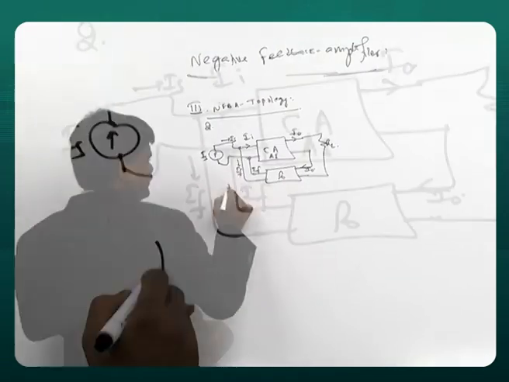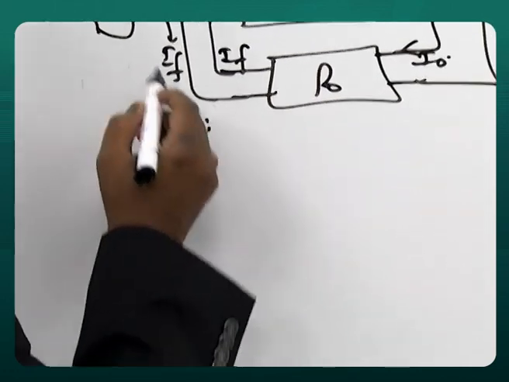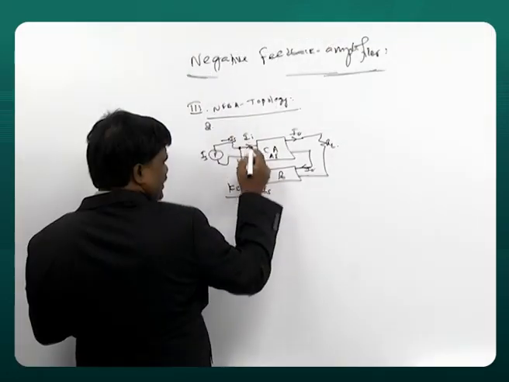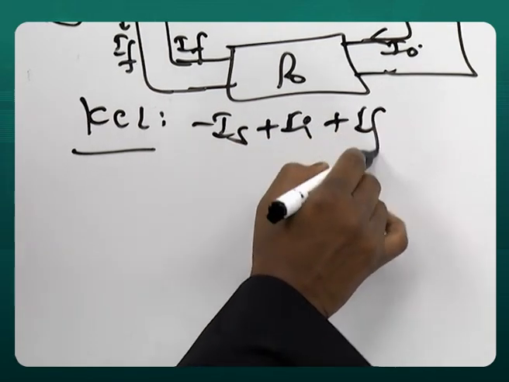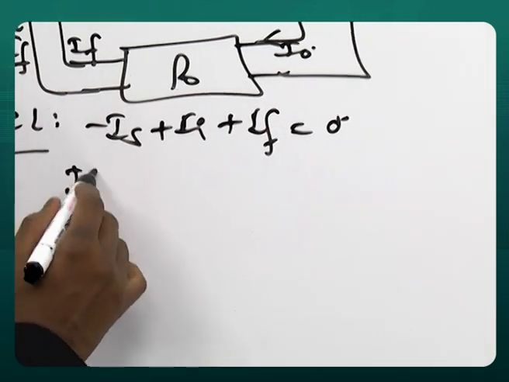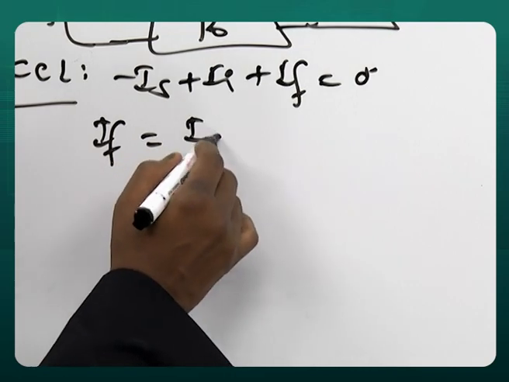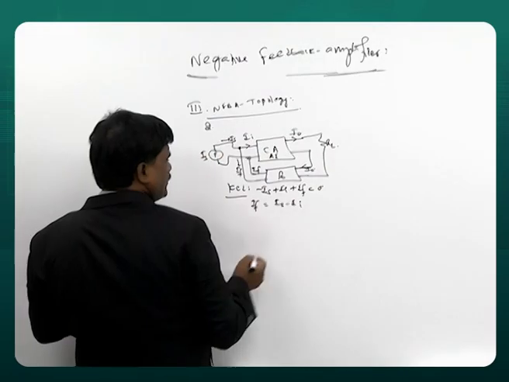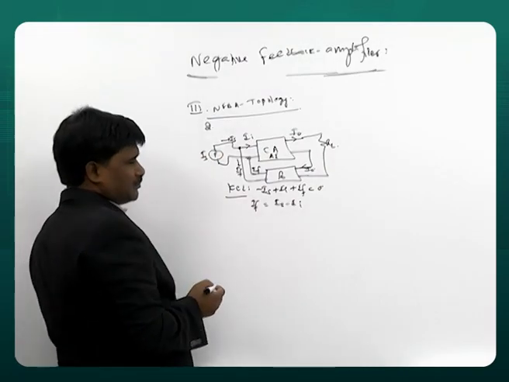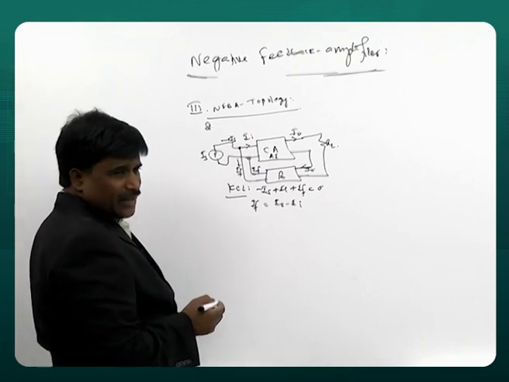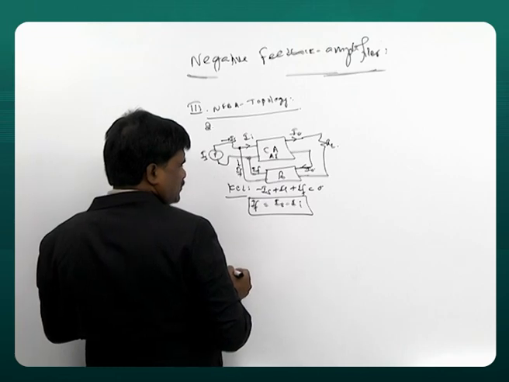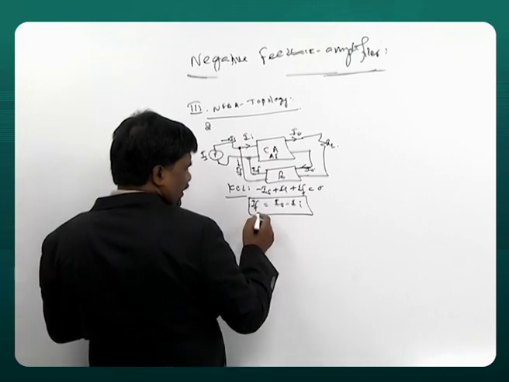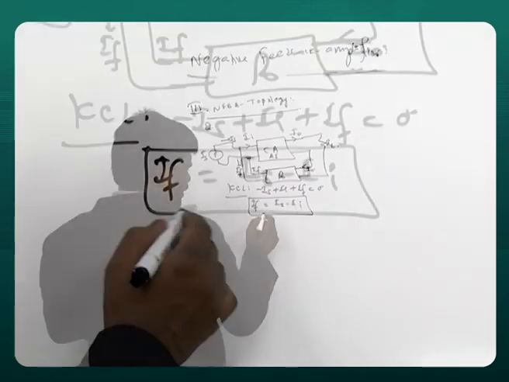Apply KCL. Entering is minus, leaving is plus. So IF is IS minus II, or II is IS minus IF.